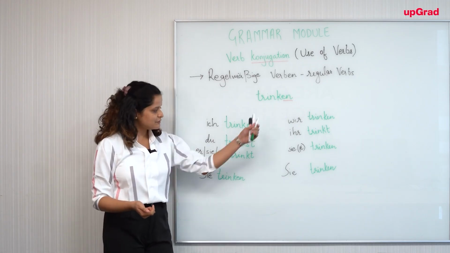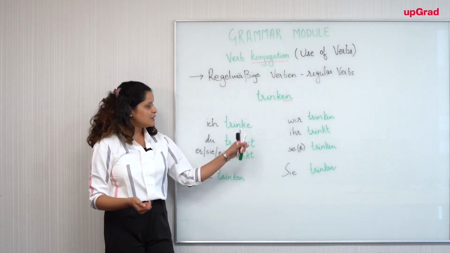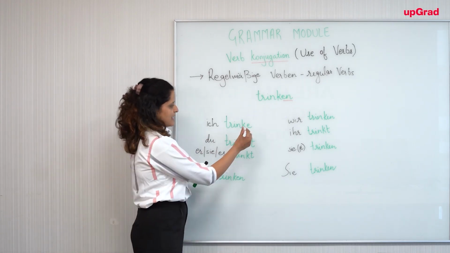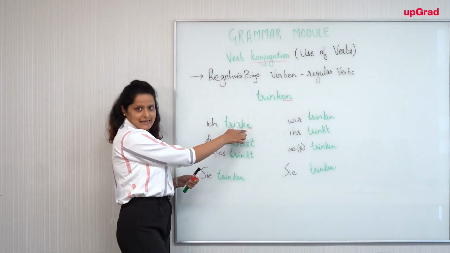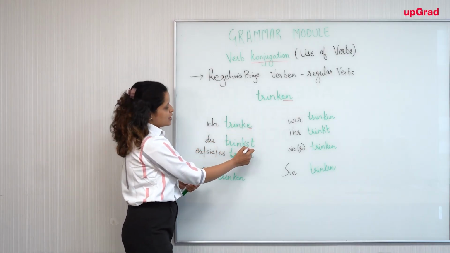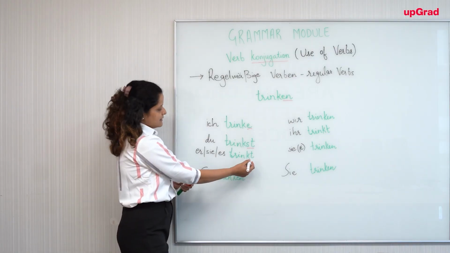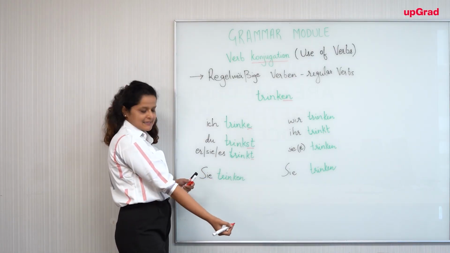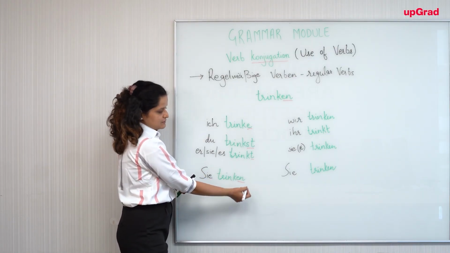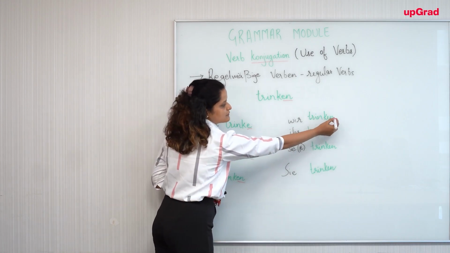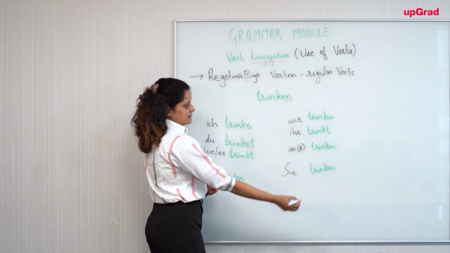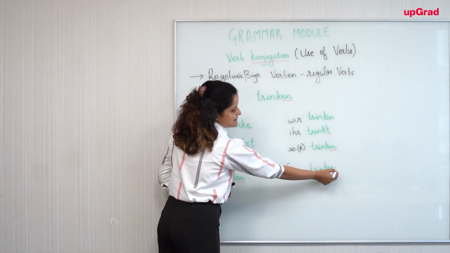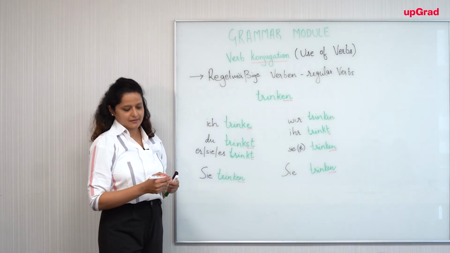The conjugation will follow this same pattern: ich with the e ending, du with st ending, er sie es with t ending, sie no change, wir no change, ihr again with t ending, and Sie with t ending.